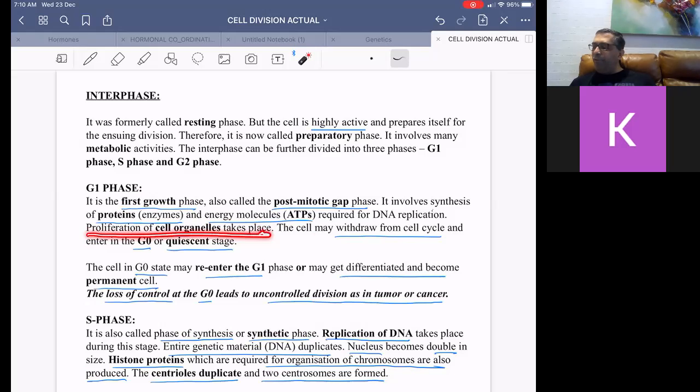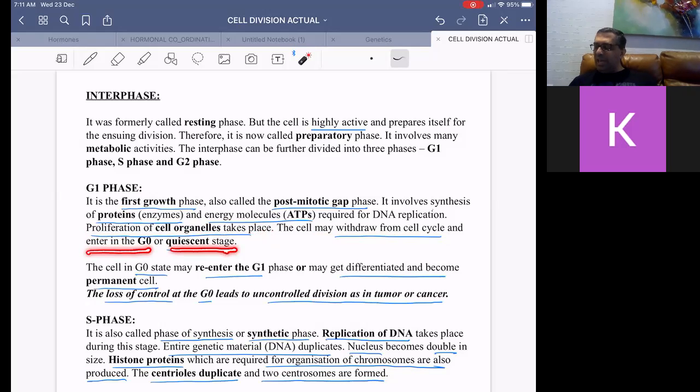The cell may withdraw from the cell cycle and enter into G0 or the quiescent state. तो सर एक सेल G1 फेज से S phase में जा सकता है, or may go into G0 phase.